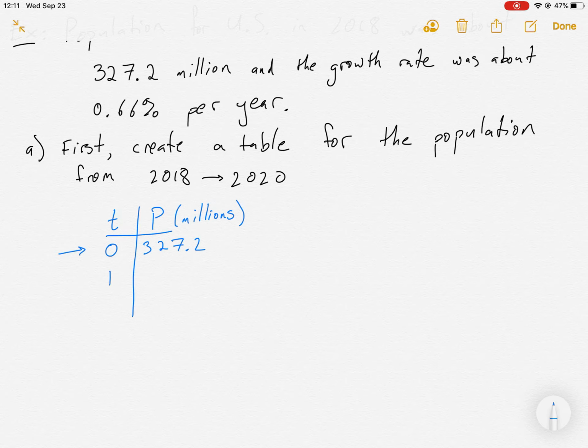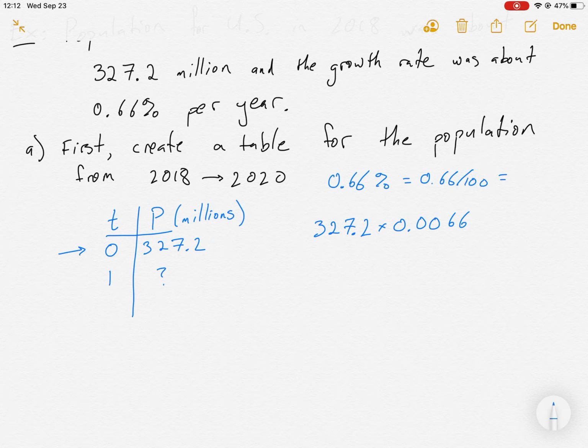Okay, now after 1 year, so 2019, I need to figure out what this is going to be. So to figure that out, I'm going to take 327.2. I'm going to figure out what 0.66% is, and in order to do that, you have to convert the percent to a decimal. So keep in mind 0.66% means 0.66 per 100.